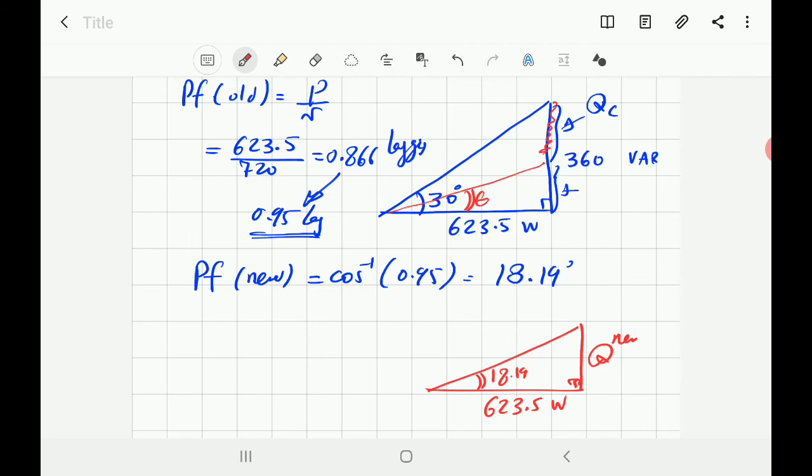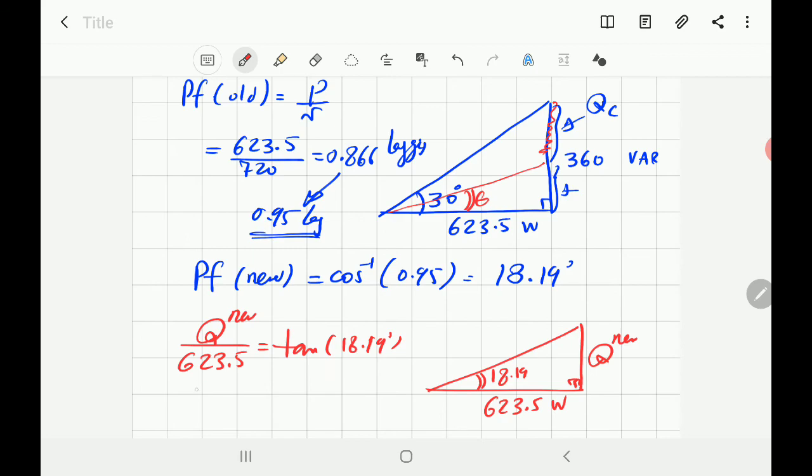Q is the only one. So can you calculate the new Q? Yes, you can, because you know the new angle, 18.19. You know that Q, the modified one, divided by the power, which is 623.5, is equal to the tangent of the angle 18.19.